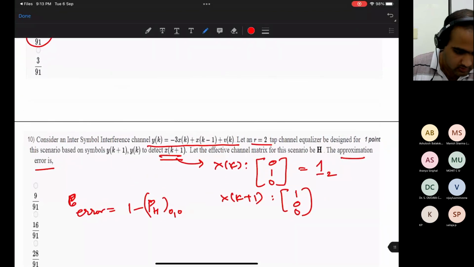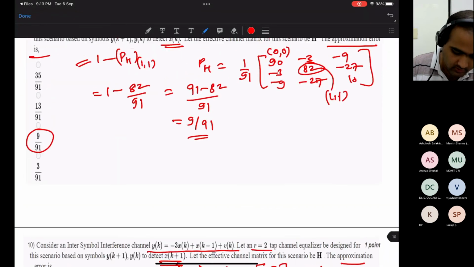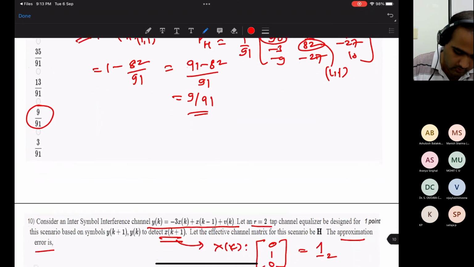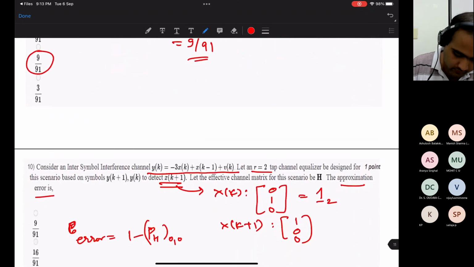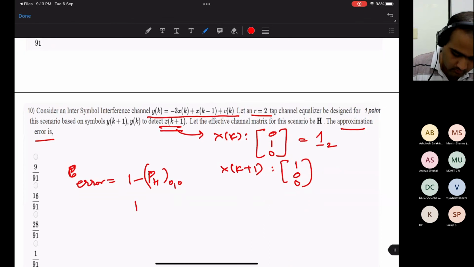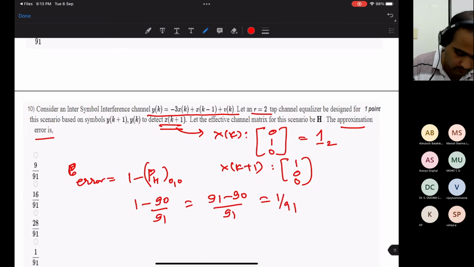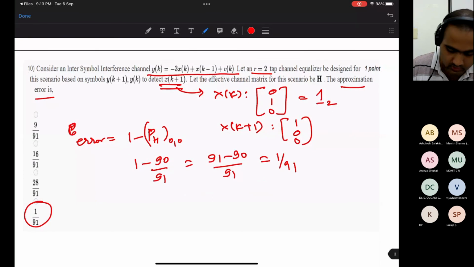And what is the 0 comma 0 position? If you again see this matrix, the 0 comma 0 position has 90, right? So 1 minus 90 by 91, which is (91 minus 90) by 91, which is 1 by 91.